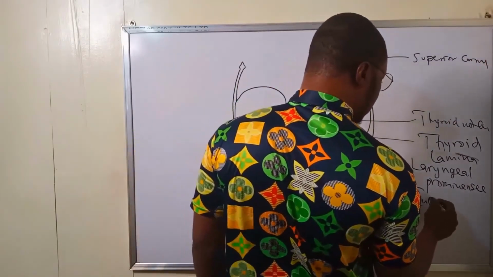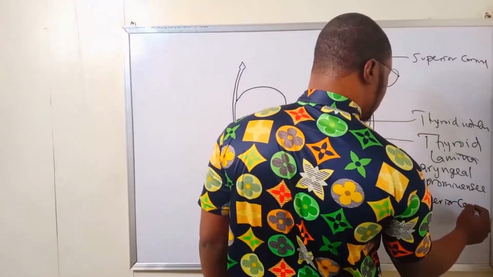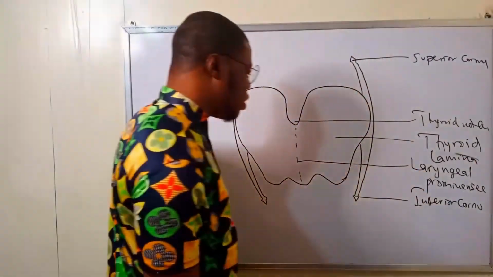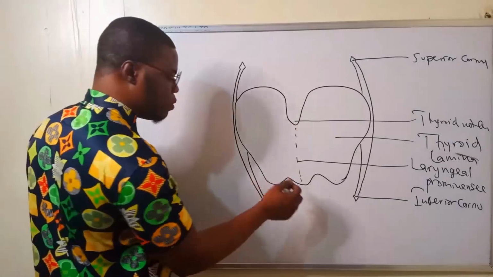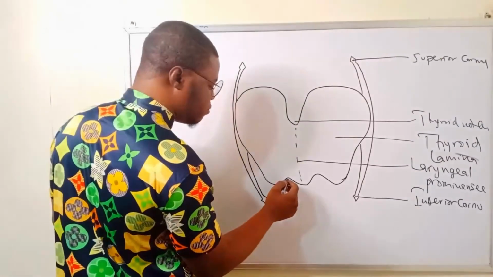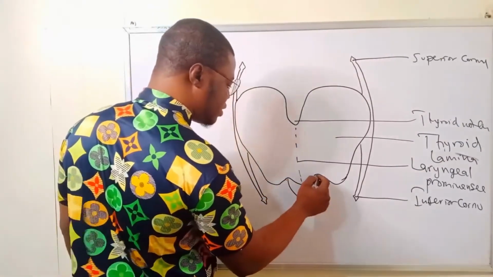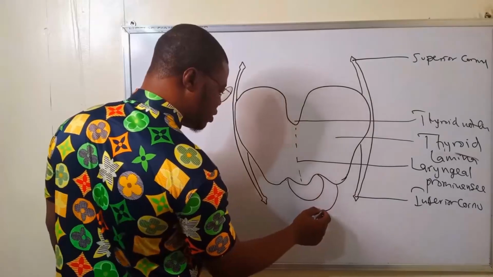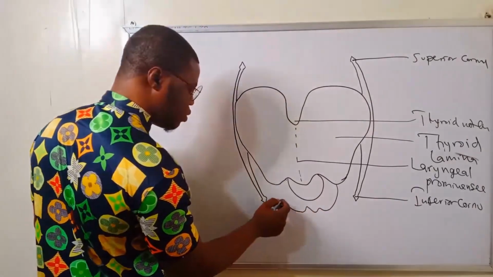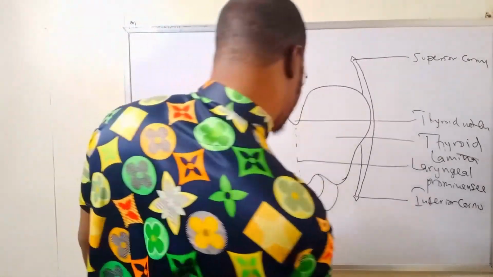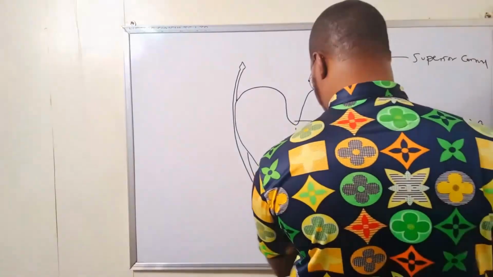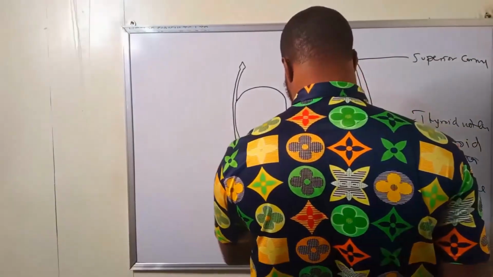Inferior cornu. Inferior cornu. And now after that, we said we have the signet-shaped cricoid cartilage. Simple as that. Oh, I'm sorry, making the same mistake again, making it slant.